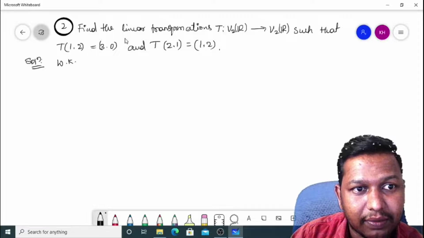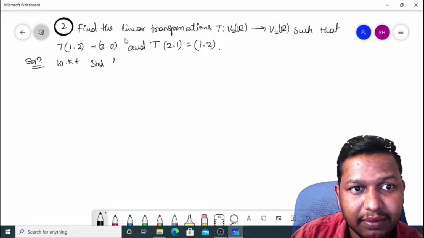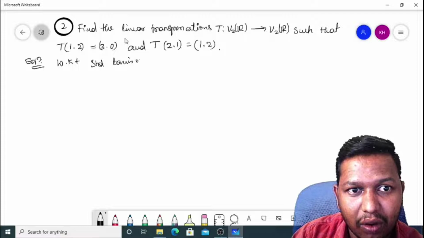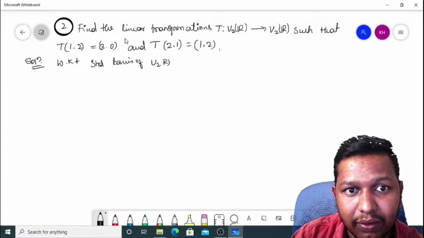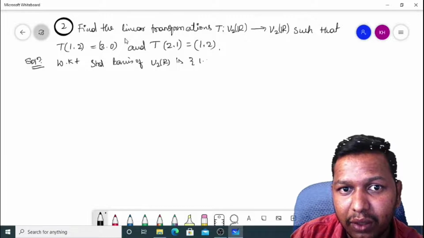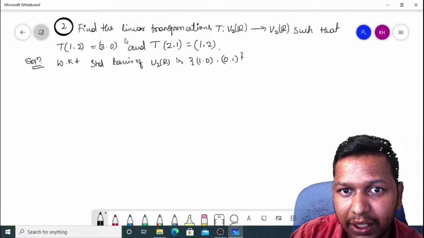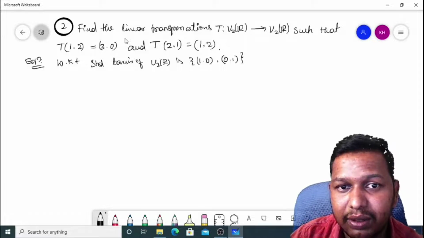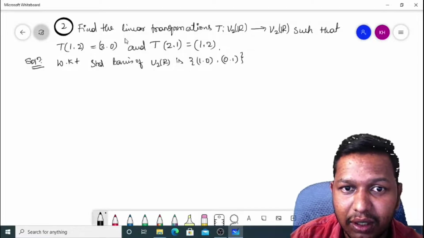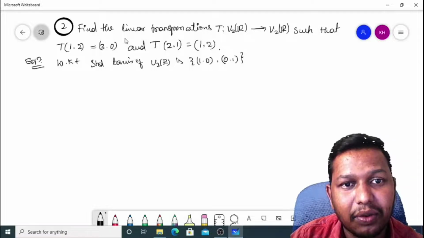We know that the standard basis of V2 of R is the set {(1, 0), (0, 1)}. For V2 of R we have the standard basis (1, 0) and (0, 1).